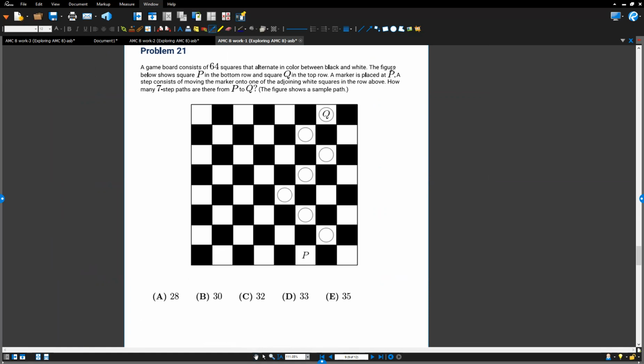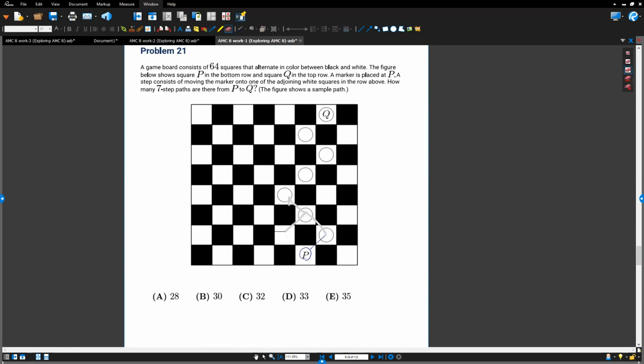Alternating colors, black and white, so the square P, we start from here. From the bottom to top row, we're going to reach Q, the moving mark moves to the adjoining white square in a row above. Row above, it can't go down.